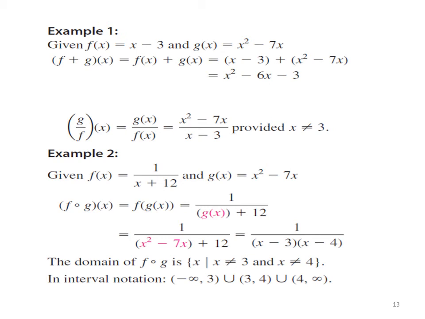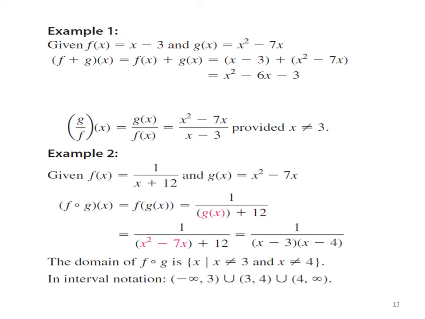Now for the composition, let's look at an example for the composition. The first function f of x is equal to 1 over x plus 12. The second function g of x is equal to x squared minus 7x. Let's do f circle g of x, which is just f of g of x.